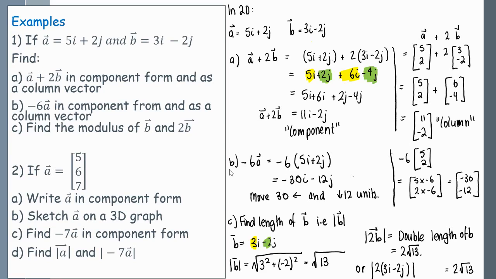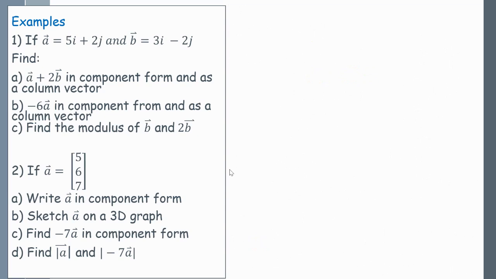What about if we look at this in 3 dimensions? Example 2. If a is the column vector 5, 6, and 7, your first question is, how do I write this in component form? Now, we need to remember that the first component represents our x direction or our i direction.